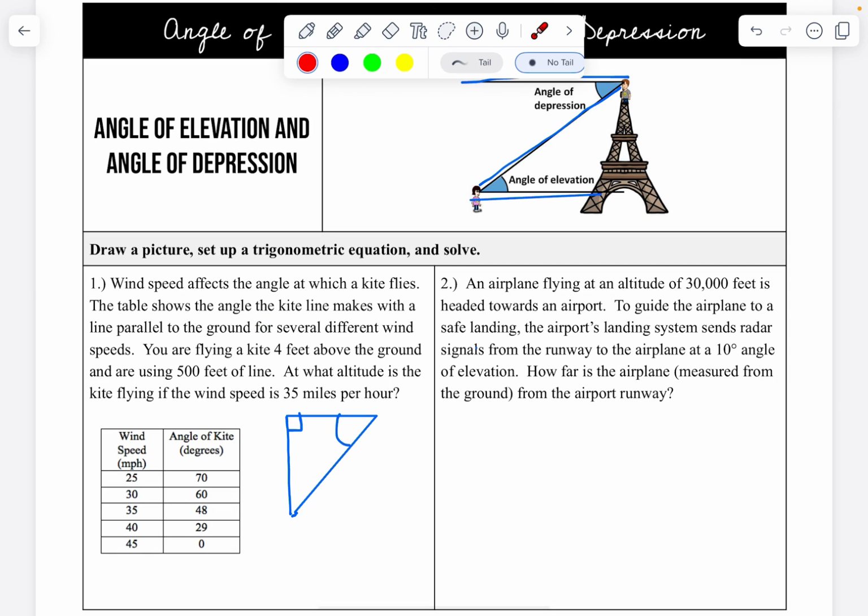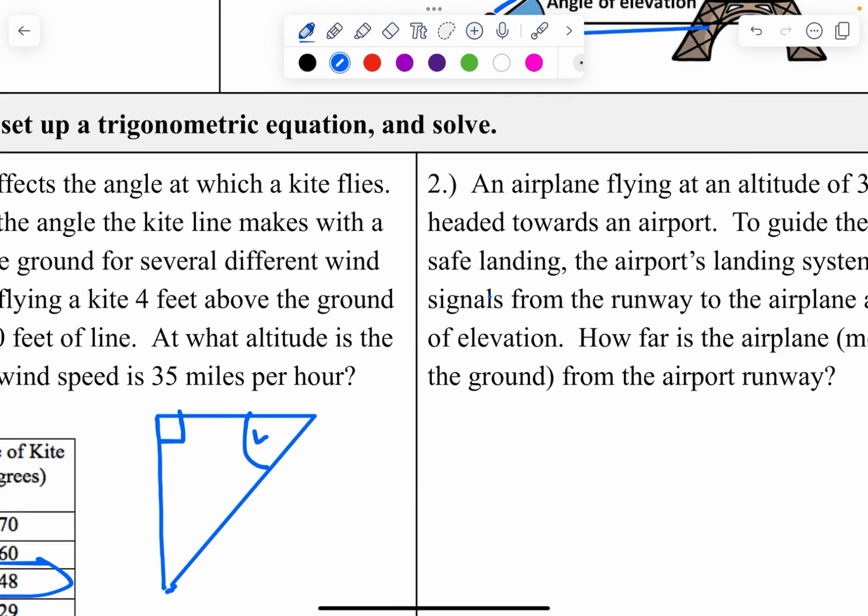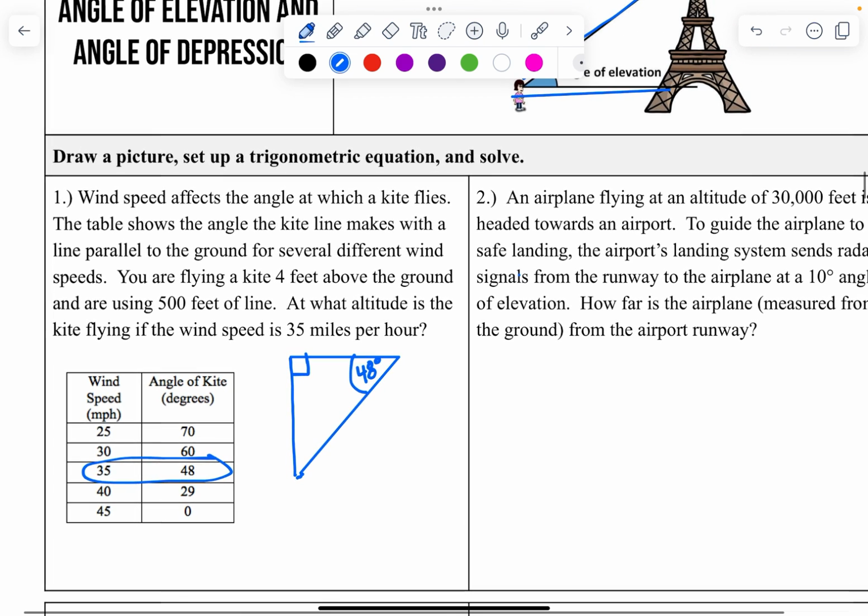At 35 miles per hour, since that's what the wind speed currently is, the angle is 48 degrees. So this angle of depression here is 48 degrees. We're using 500 feet of line.